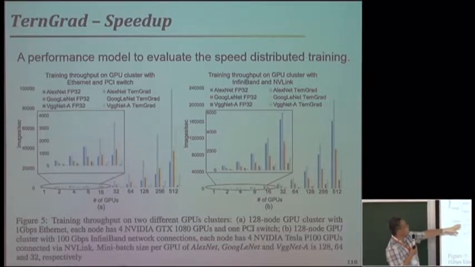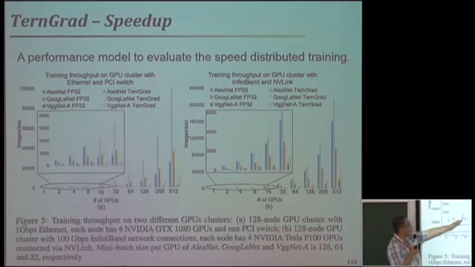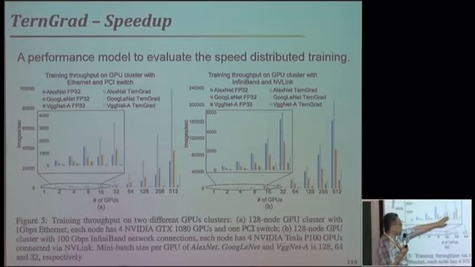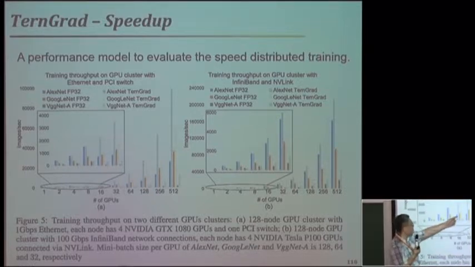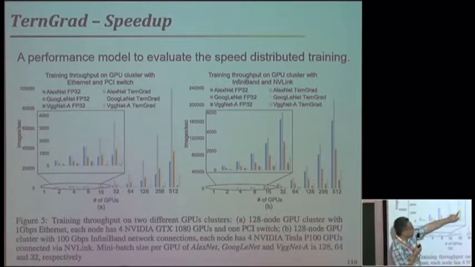This shows different neural network types, AlexNet, GoogLeNet, or VGG. You're going to see the comparison between the floating point value and our ternary gradients. You'll see a significant reduction in latency, in terms of the images we can process per second.